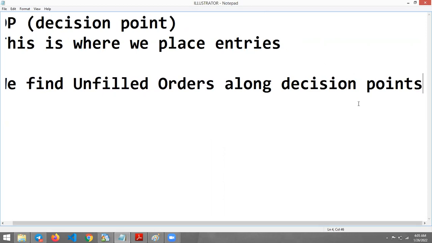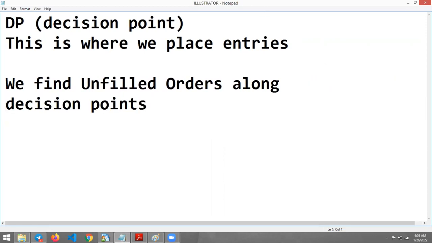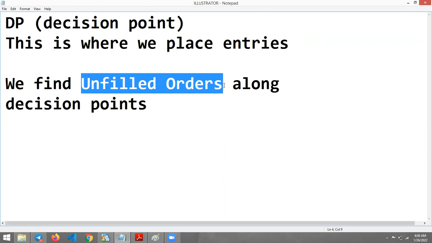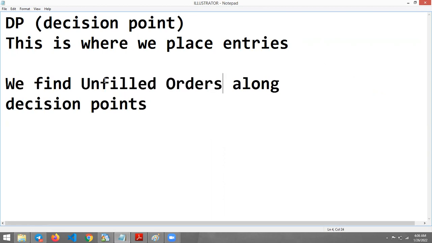Each time you identify a decision point along that area, that is where we find unfilled orders. These unfilled orders are usually made by the big institutions. That is what we have at the back of our minds.